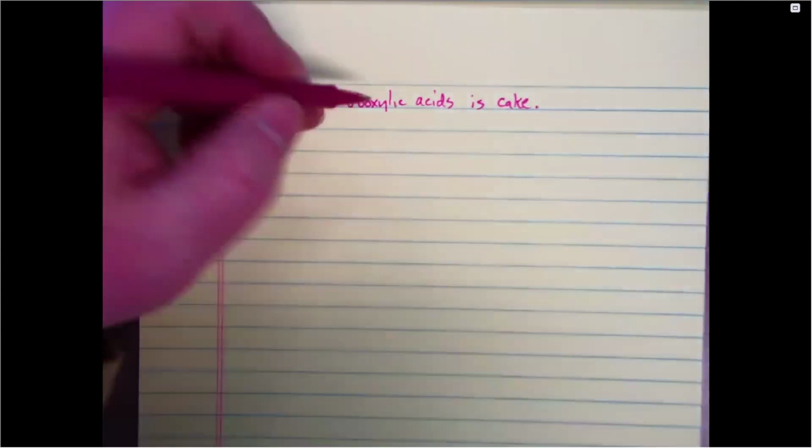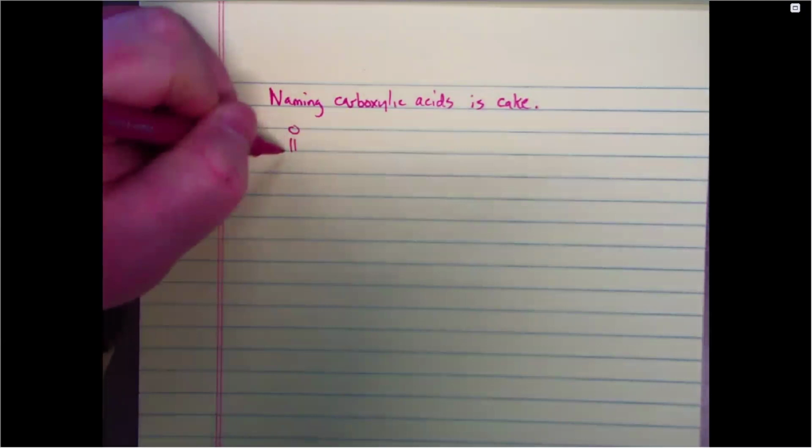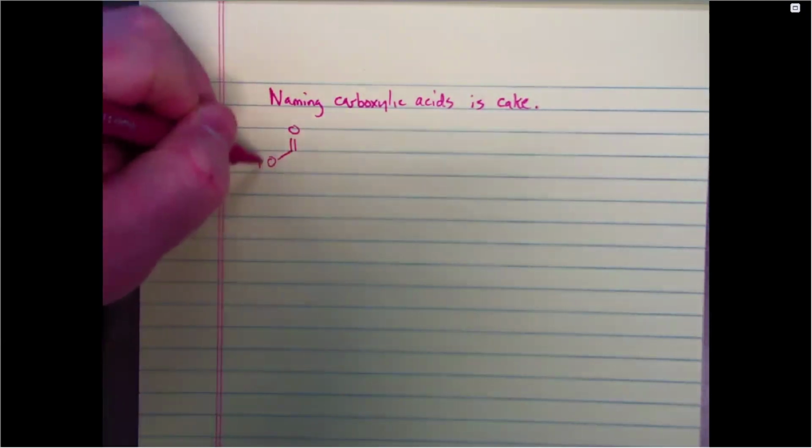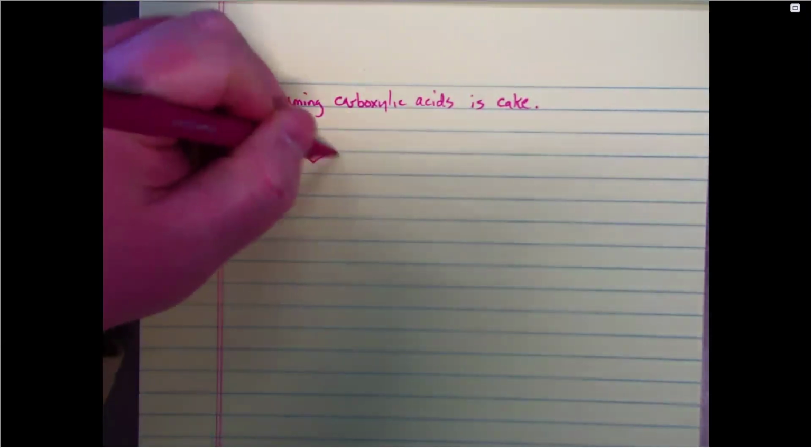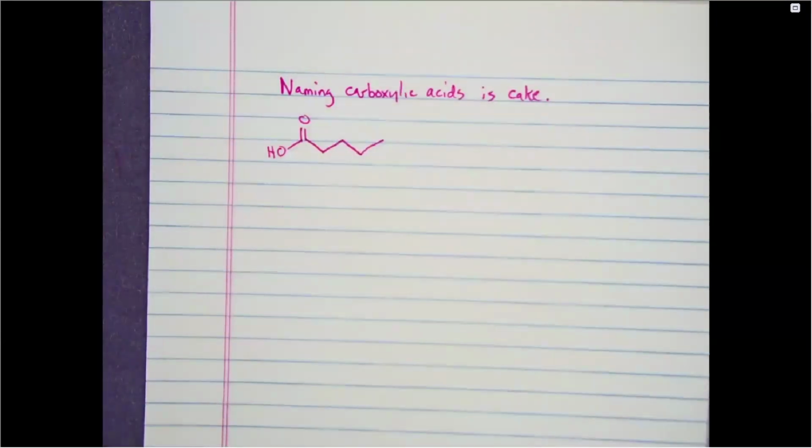So, for a carboxylic acid without any substituent groups, all we have to do is count the number of carbons in our longest chain that contains the carboxylic acid, and we have to know what suffix we use to put on the end to signify that this thing is a carboxylic acid.